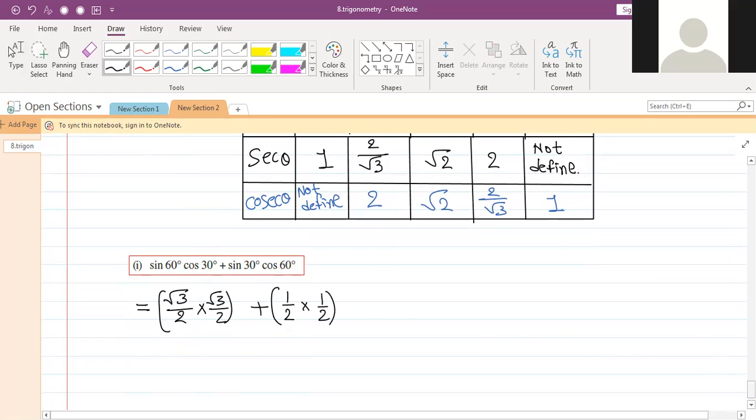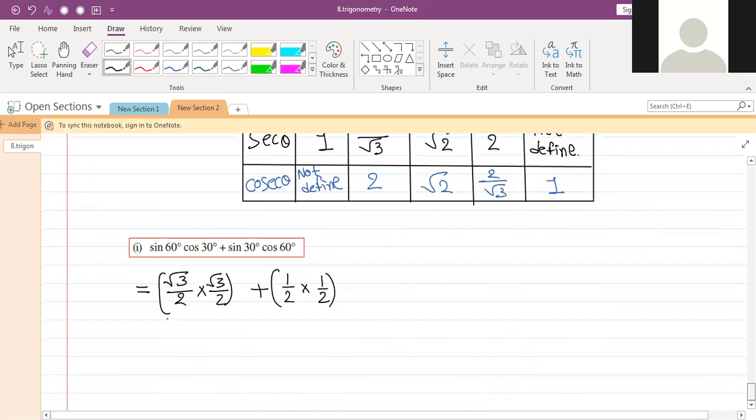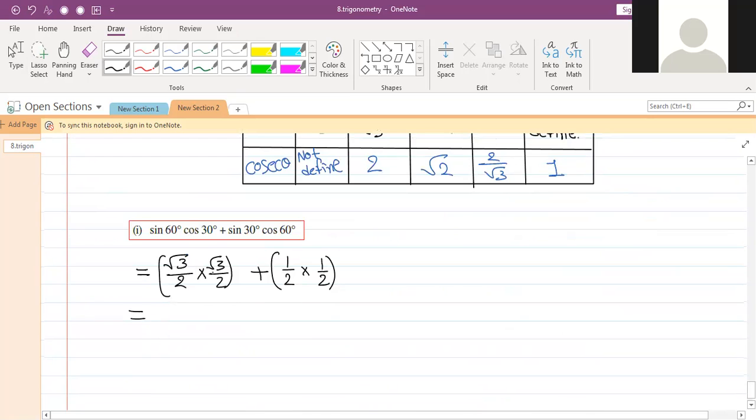You can see on the table that cos 60 is 1 by 2 and sine 30 is also 1 by 2. Now we can simplify. This one is a product, so root 3 into root 3 is 3, and 2 times 2 is 4, and here 1 upon 4. If we take 4 as the LCM, that means 3 plus 1 upon 4, that is 4 by 4. So we get the answer 1.